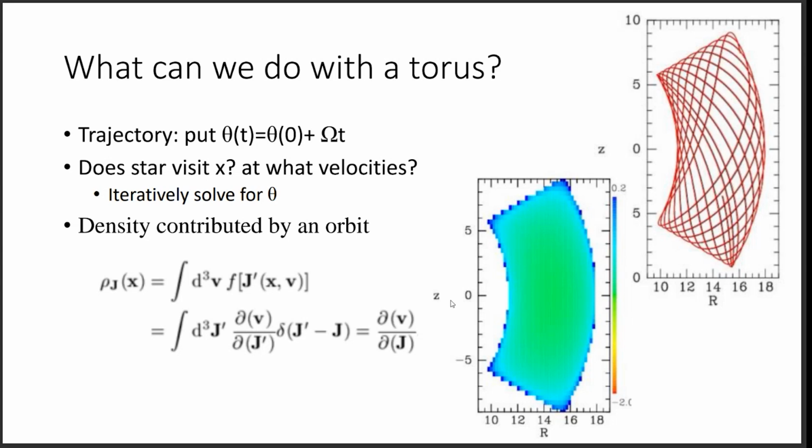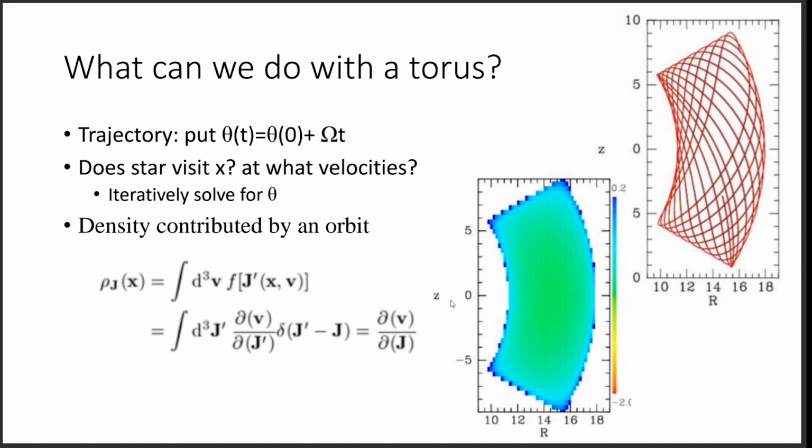So you can ask that question and answer it in a flash. You basically solve iteratively for the angle variables. For each of these points, which lies within the orbit, there will be 4 different angle variables at which x comes to that location, and each set of angle variables will correspond to 1 velocity.